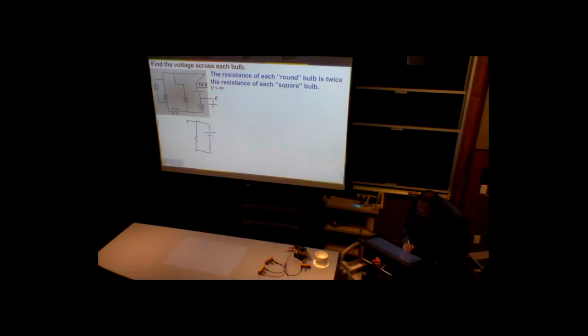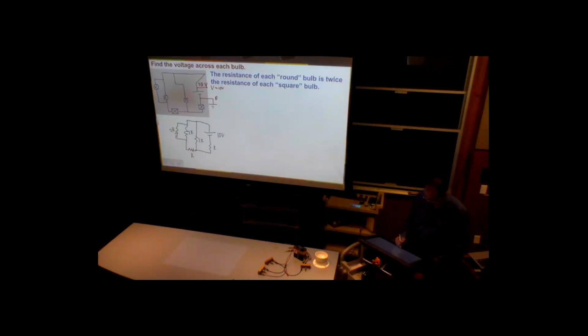Now a straight wire, another resistor, another resistor, and another resistor. We know that they have different resistance. So this we call R, this we call R. That's supposed to be doubled, 2R, 2R, 2R, R, 10 volts.